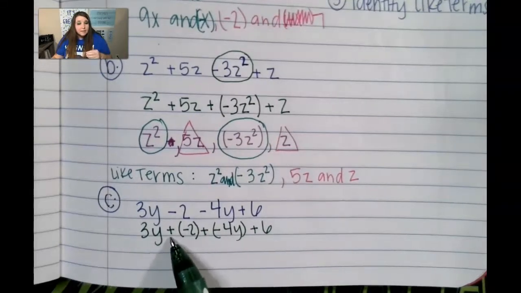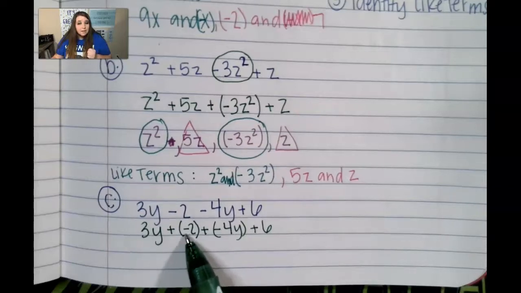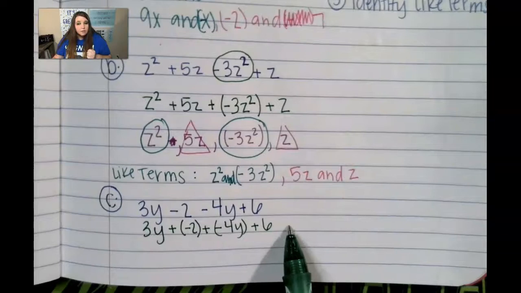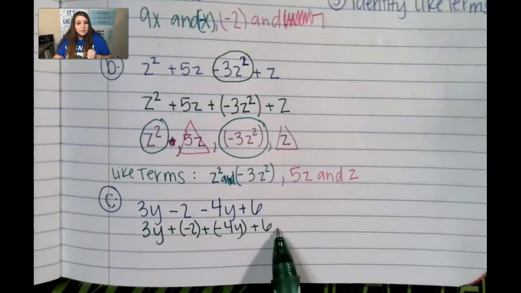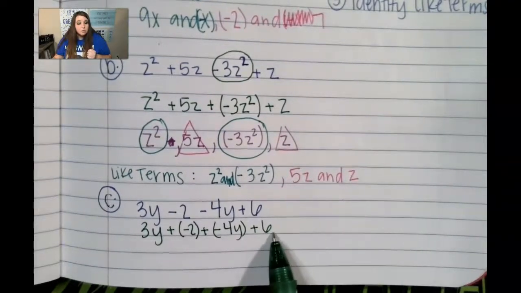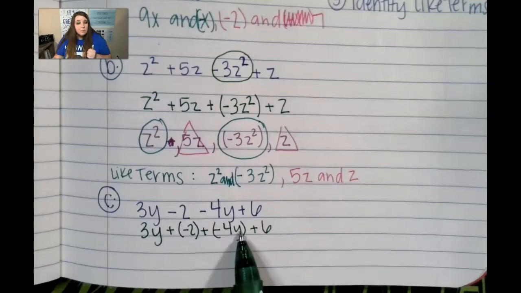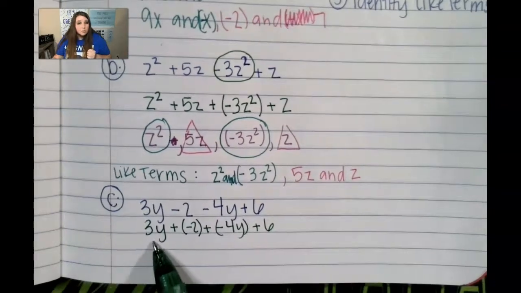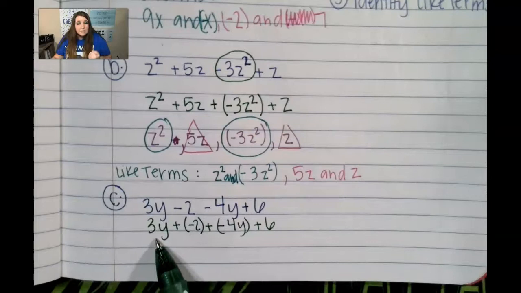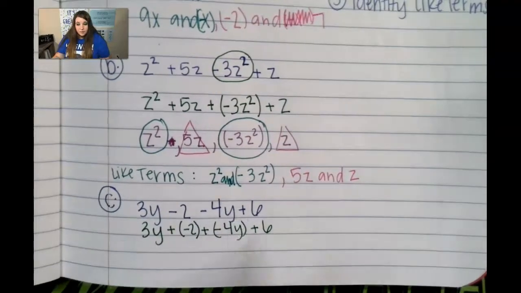So by adding in this addition sign, we're going to be moving this negative 2 over here to this positive 6 so that we can work with those two constants and putting the variables with the variables. We're not able to do that until they're in addition. Okay, so if you're sitting there and you're like, why does she keep doing this? That's the why behind it.